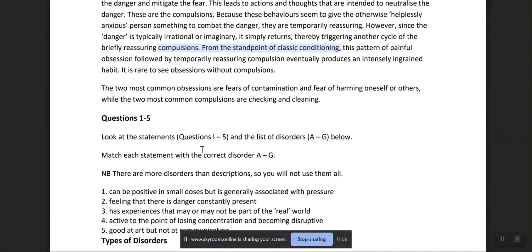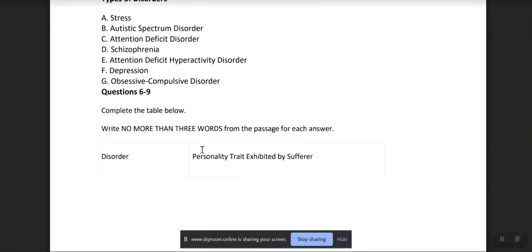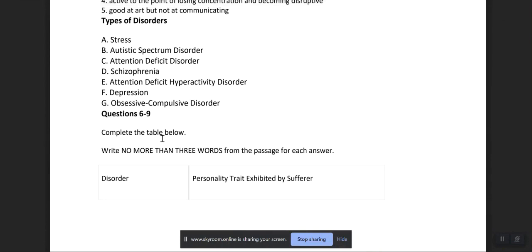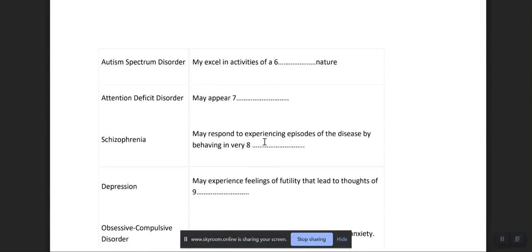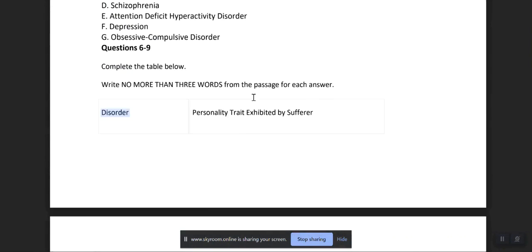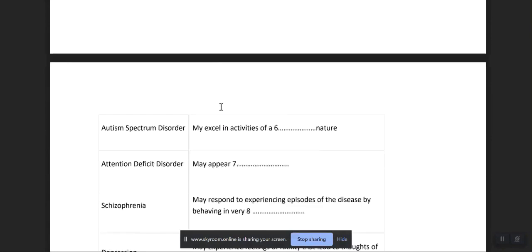Look, all the questions, question 6 to 9, complete the table below. Write no more than 3 words from the passage for each answer. If you are talking about a disorder, a personality trait exhibited by the sufferers, autism spectrum disorder, attention deficit disorder, schizophrenia, here you are not allowed to write more than 3 words.